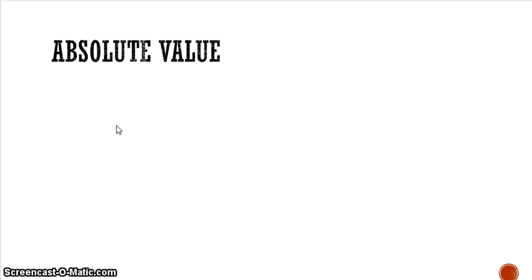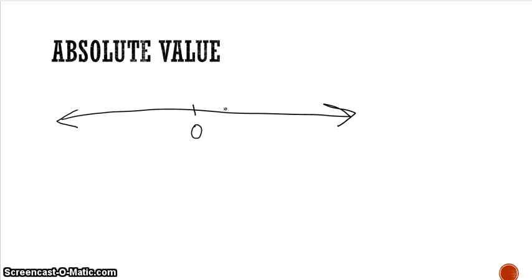Let's talk about absolute value a little bit. Absolute value is simply the distance from 0 to that number. Again, if I have a number line here, I didn't put a pretty one on here. Say I have 0, 1, 2 over here, and I have 0, -1, -2 over here.